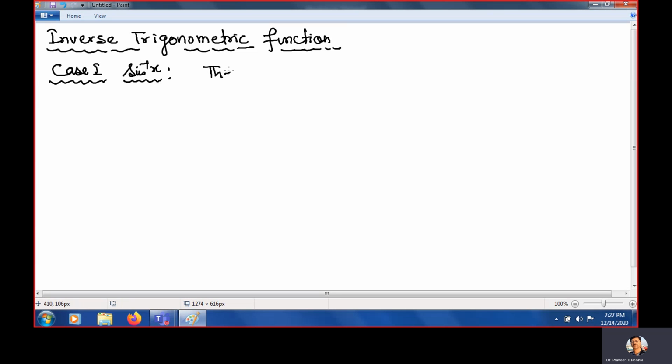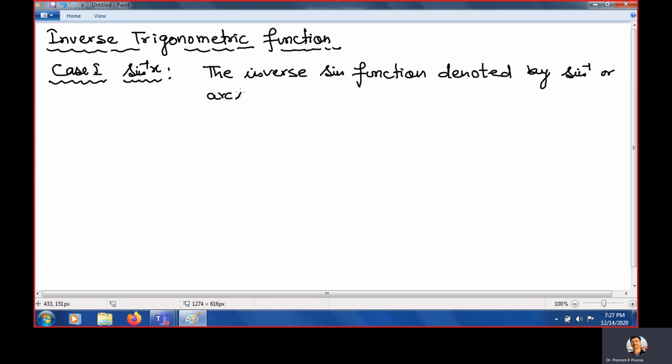The definition is the inverse sine function, denoted by sine power minus 1, this is called sine inverse, or it is also written as arc sine. Arc sine, clear?